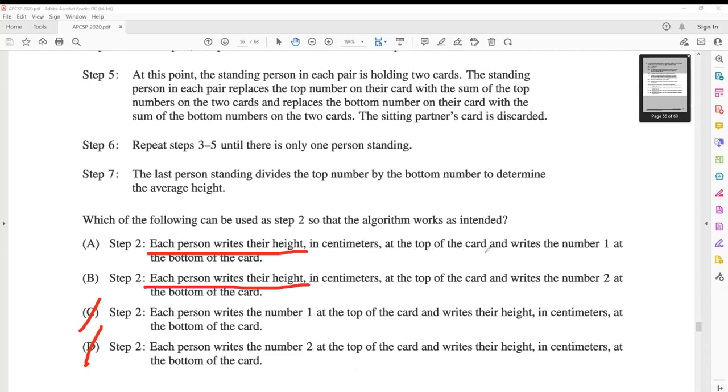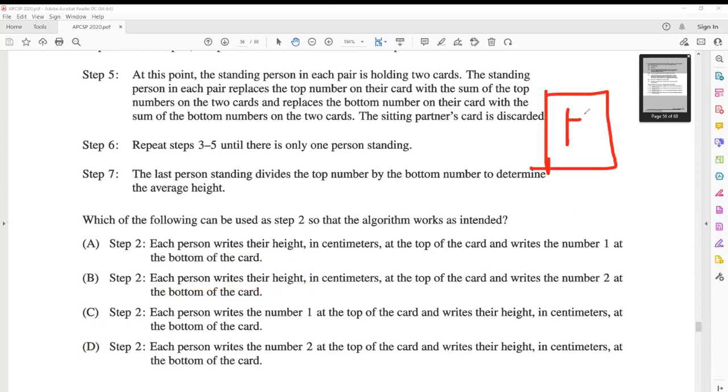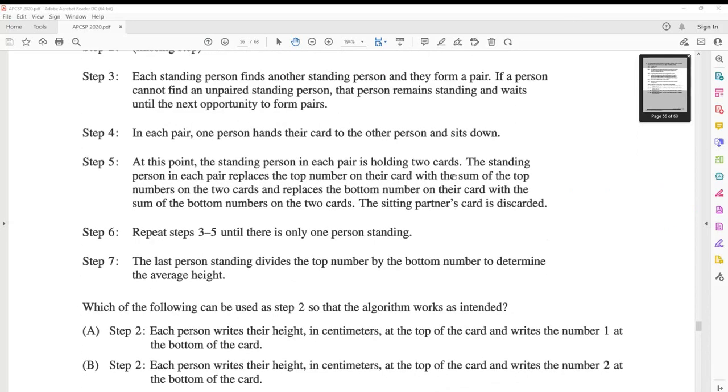At the top of the card, you write your height, and on the other side, you write 1 or 2, okay? So basically, 1 and 2 is used.